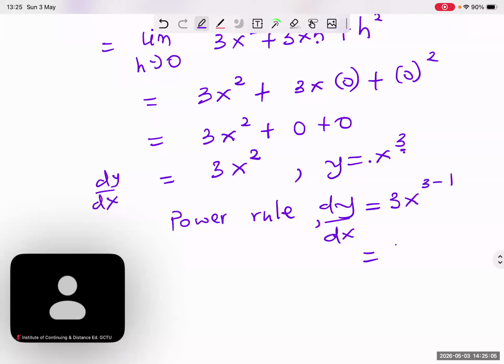And so the answer is 3x raised to the power 2, which is the same answer we got when we used the first principle of derivative, which is very long and daunting. It is daunting because you need to use a whole lot of algebra to get your final answer. Using the power rule, just multiply the power by the x, that will be 3x, subtract 1 from the power, so our final answer is 3x squared.